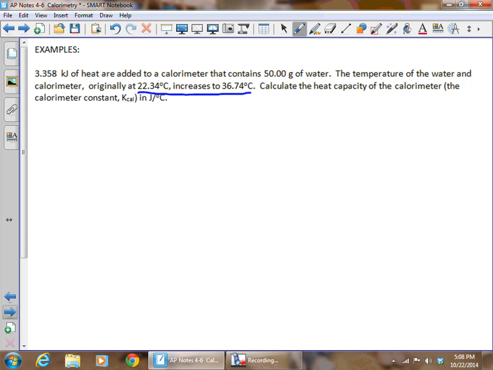So our total Q, and sometimes we'll leave off that negative if we're just going to think about the fact that the heat in this case is going to be absorbed by the calorimeter. The Q total is going to be equal to the Q of the calorimeter plus the heat of the solution.